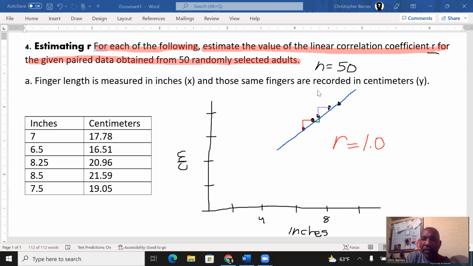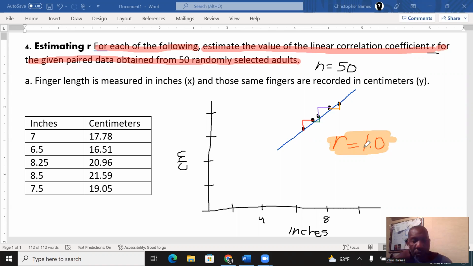Let's do one more different color so it can pop out differently. Same thing here. For every measure over, you have that same exact matched length upward. This is the unique and only case in which you would have an R value equal to 1. Now, that's just something that you kind of have to sit back and know.